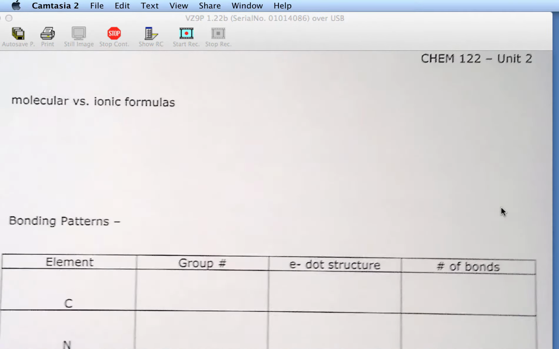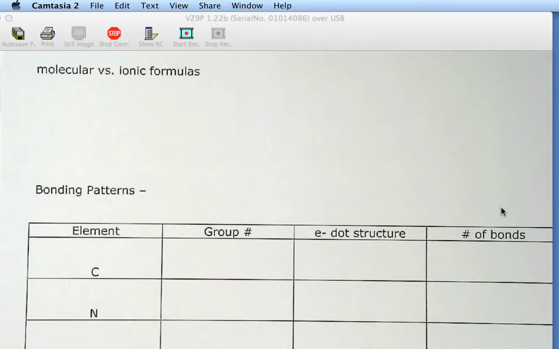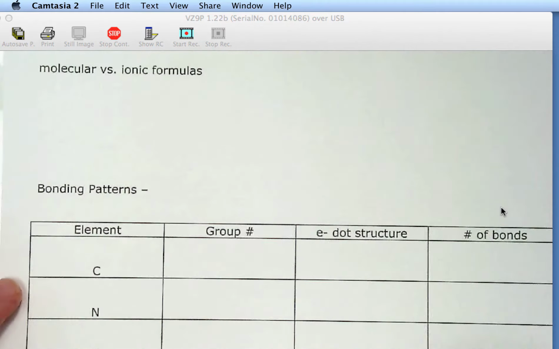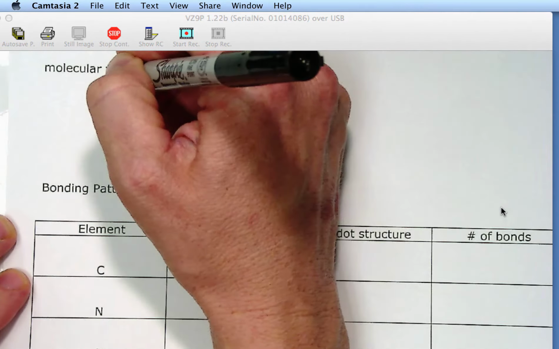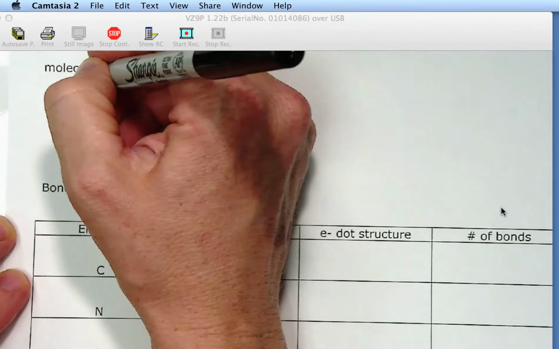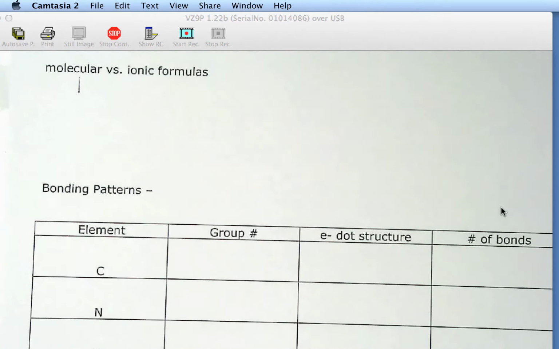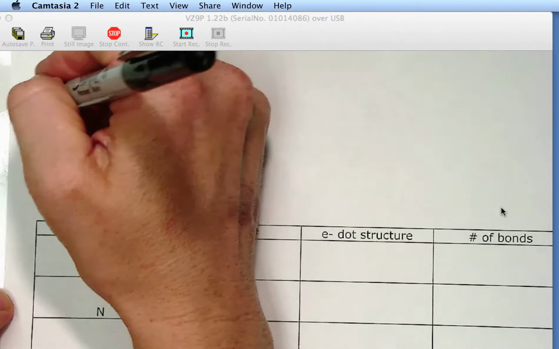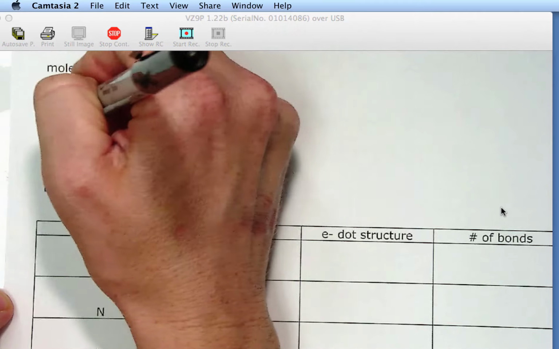molecular versus ionic formulas. So it's kind of a list comparison. With molecular formulas, what types of atoms from the periodic table are involved? Is it metals or is it non-metals? Non-metals. So non-metal to non-metal.